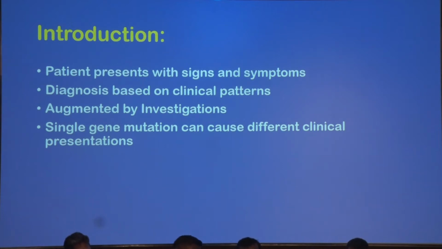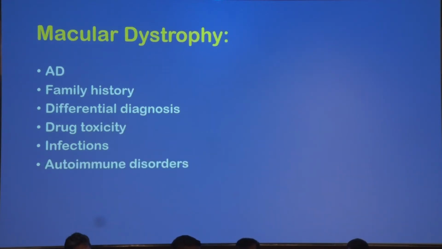Because just one mutation in a gene can cause many different patterns of disease, ranging from retinitis pigmentosa on one side to macular dystrophy on the other end. These are autosomal dominant disorders, and when you have such puzzling fundus pictures, you should always go into detailed history taking.